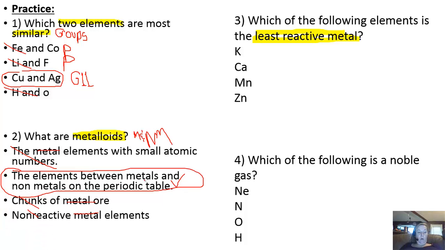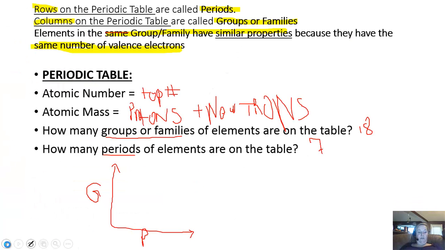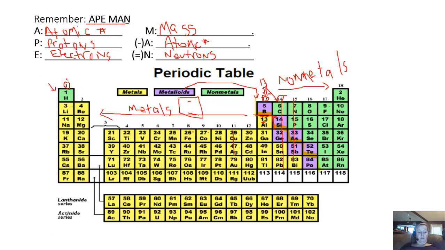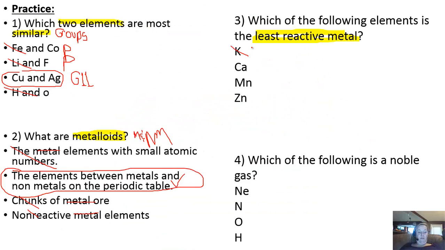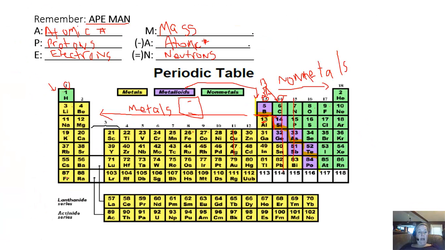We don't want anything in group 1 or 2 because those are very, very reactive. All right, calcium. Calcium is in group 2. So calcium's out because it is in group 2. All right, let's look for manganese. Mn should be somewhere right here. It's in group 7.